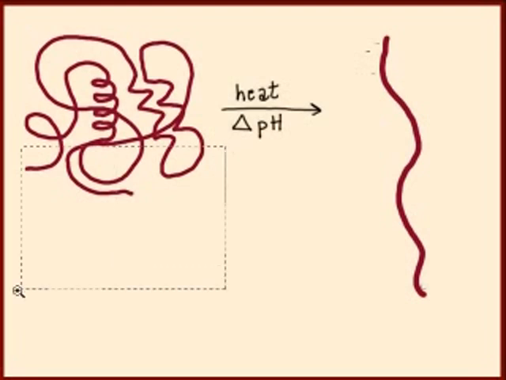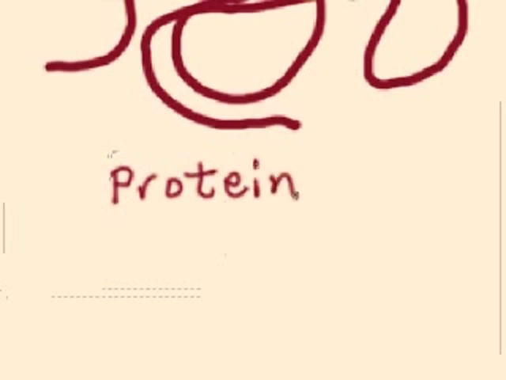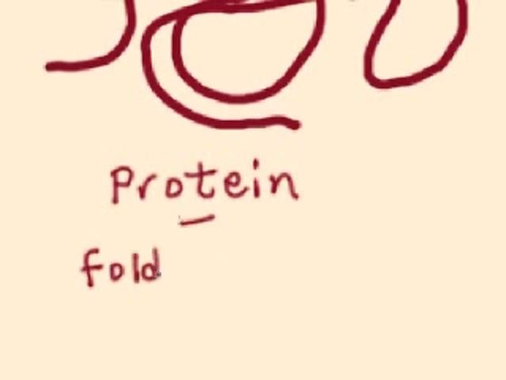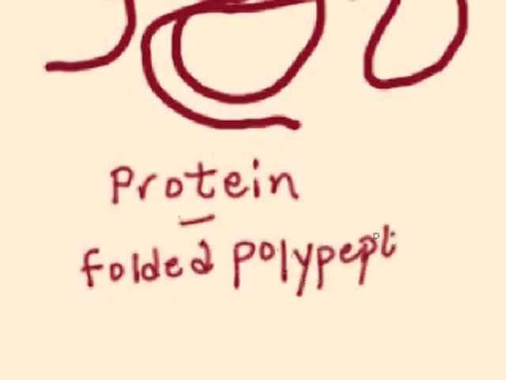And so here, this is a functional protein. So this is a protein. Now the protein can also be called a folded polypeptide. Okay.